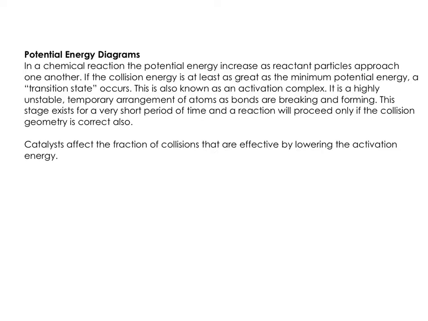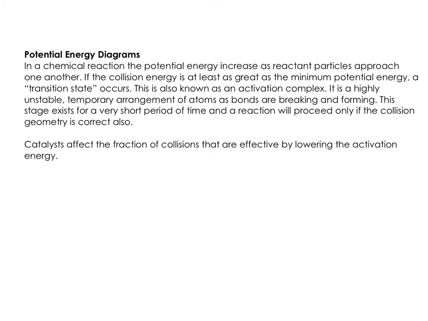This stage exists for a very short period of time, and a reaction will proceed only if the collision geometry is correct also. Catalysts affect the fraction of collisions that are effective by lowering the activation energy. So catalysts help you out by decreasing the minimum amount of energy that your particles need to have.